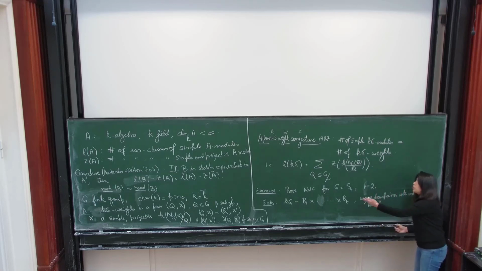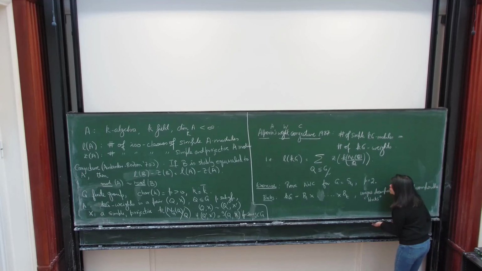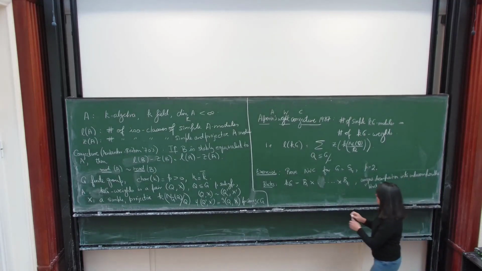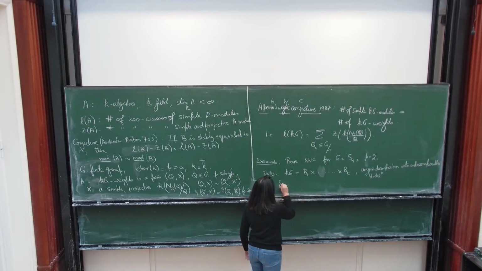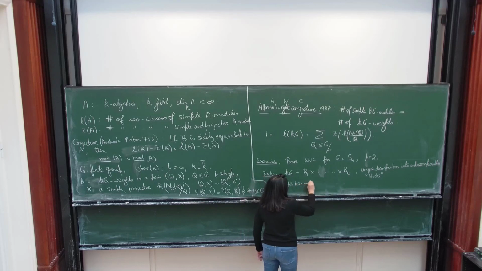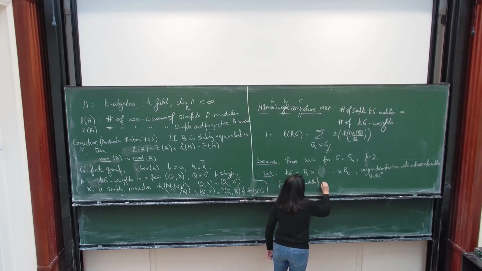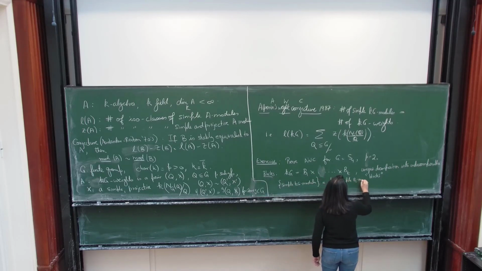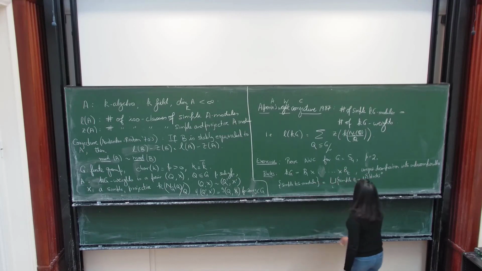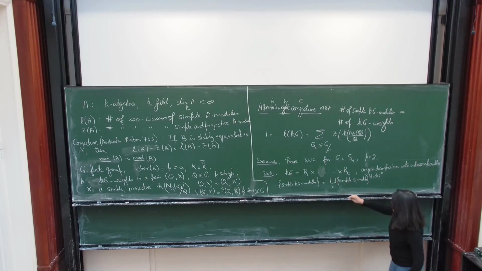And the module categories also break up accordingly. So in particular, the simple kG modules are a disjoint union of the simple B-modules. And actually, this is not that easy. It's a bit contrived.